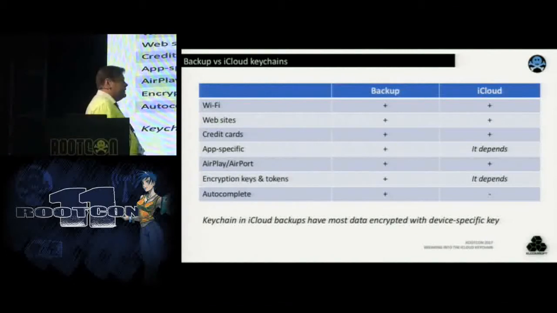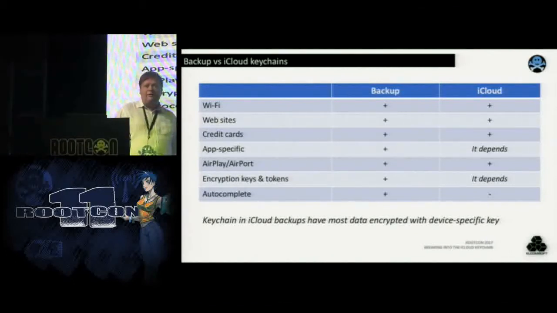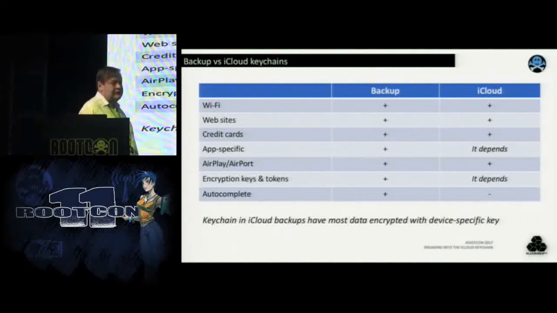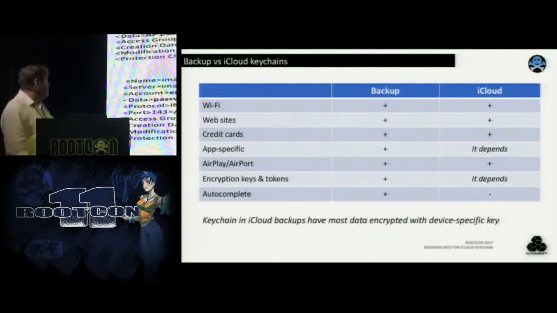But the keychain, which is a part of the device backup, is encrypted in a stronger way. It is encrypted with a device-specific key, unique to every device, and even Apple doesn't have access to that part of the iCloud backup.